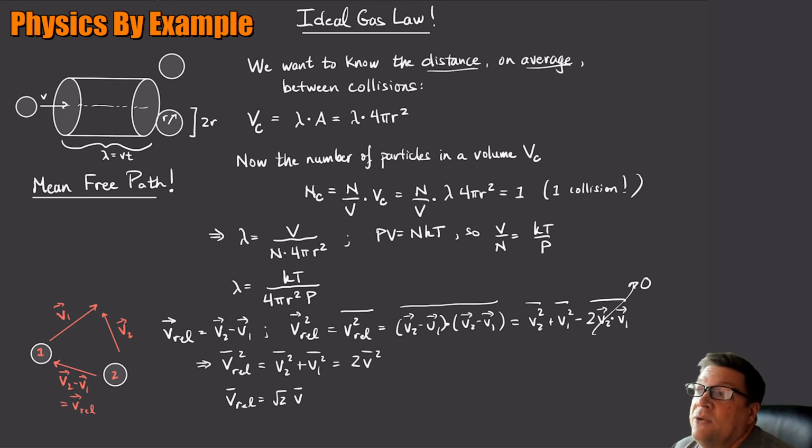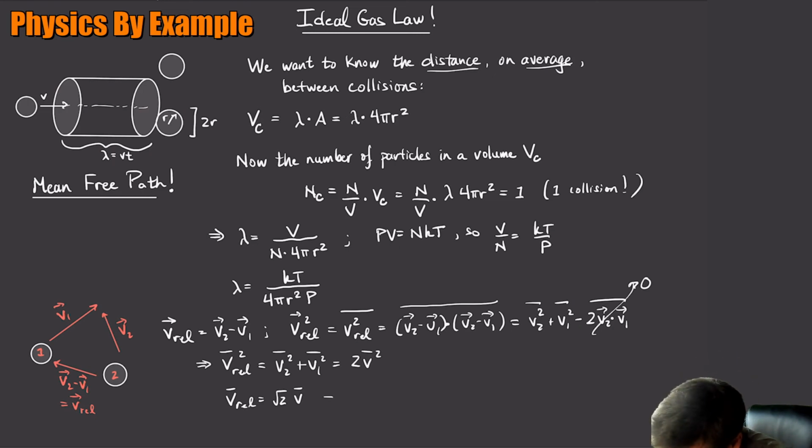Okay, so in our formula up there, that lambda should have a square root of 2 in it, and it should be at the bottom, right? Because lambda was v times t. So in order to go from v to v relative, I need to divide by the square root of 2.